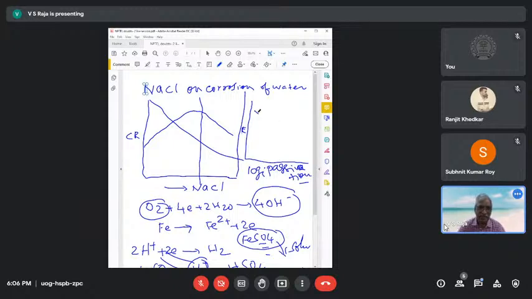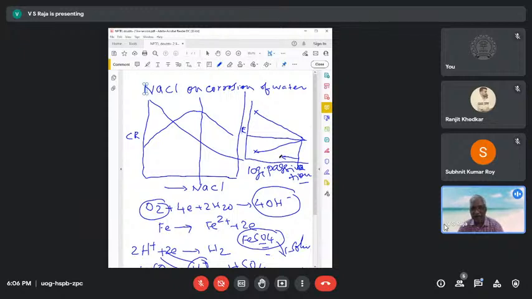I draw a diagram, something like that. This is the I corr I have, and this is the E corr that I get from here. Now, when adding an inhibitor, the corrosion rate decreases. That means the I corr is reducing. I corr goes down from here to this.